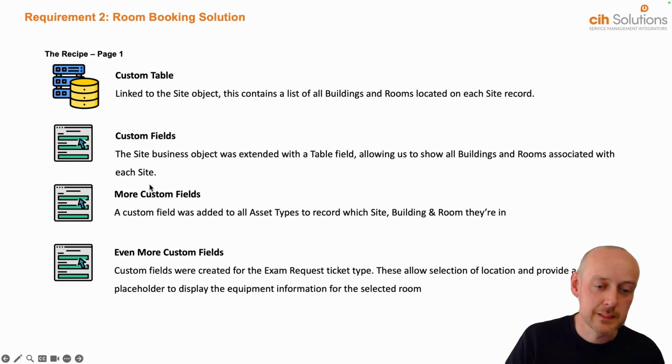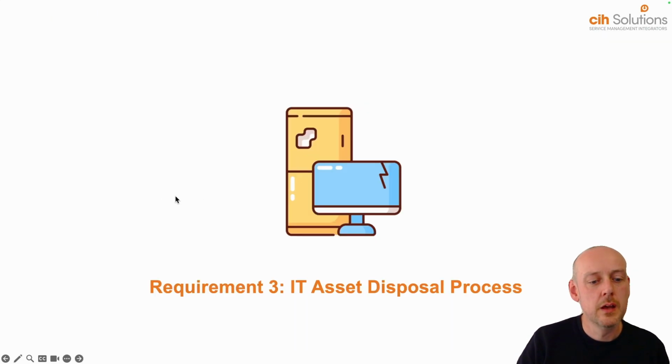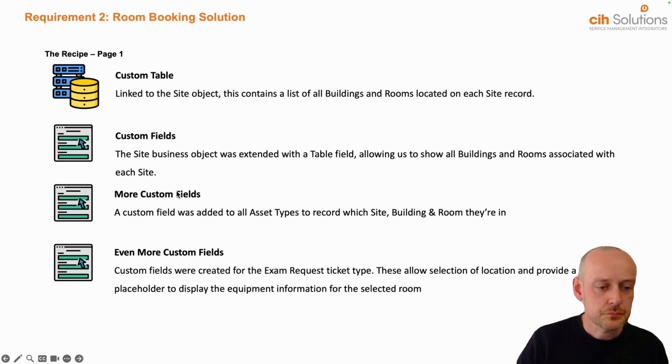More custom fields were added to the asset types field forms, and that allows the location of every asset to be pinned down to the exact room that it's stored in. And even more custom fields.